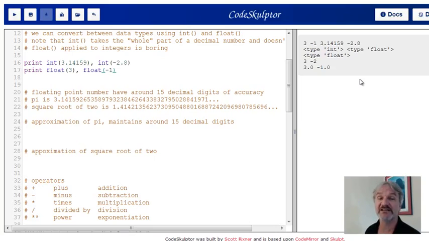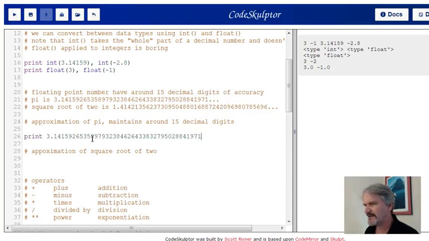So let me show you two examples real quick to help you understand. I've grabbed two really good approximations for pi and the square root of 2. Here I have a 50-digit approximation of pi, and then I've also grabbed a 50-digit approximation to the square root of 2.